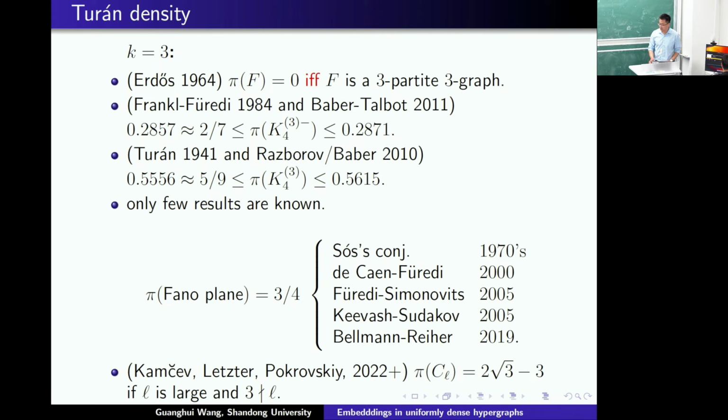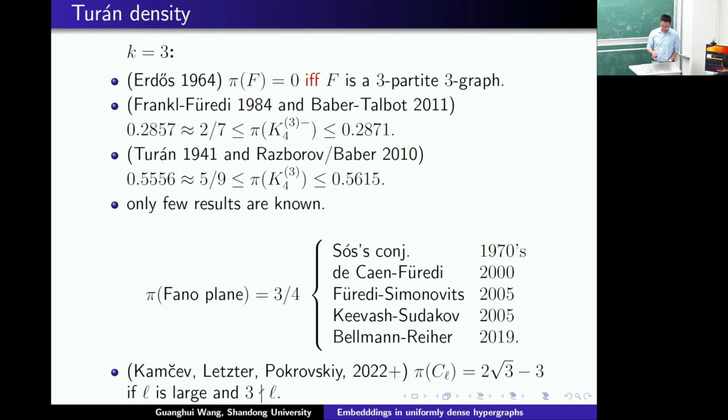We use K4^3 to mean the clique on 4 vertices in a 3-uniform hypergraph, and K4^3 minus means the clique on 4 vertices minus an edge.